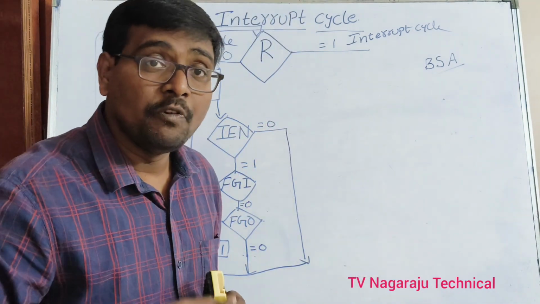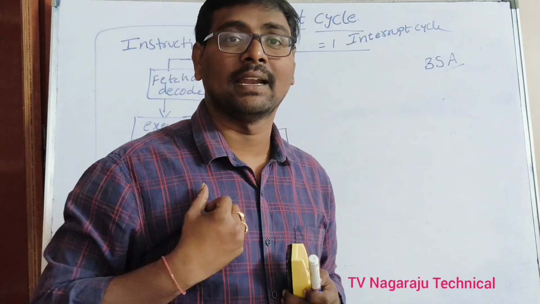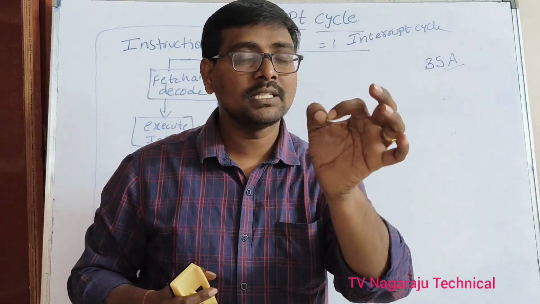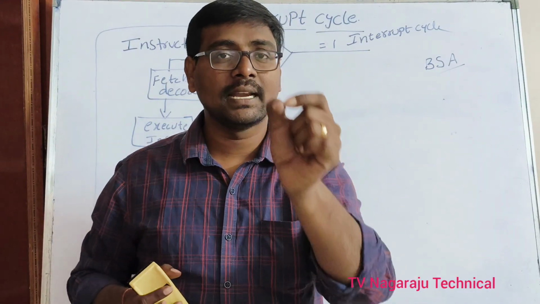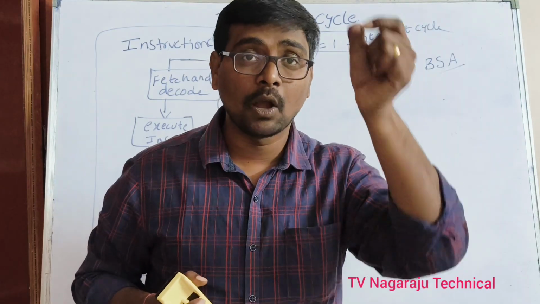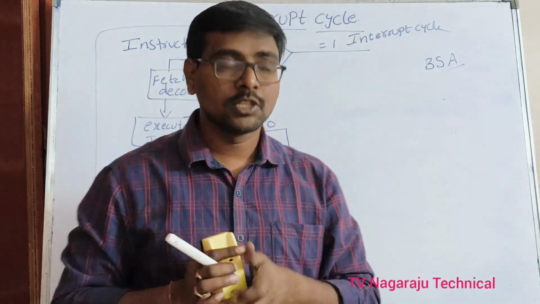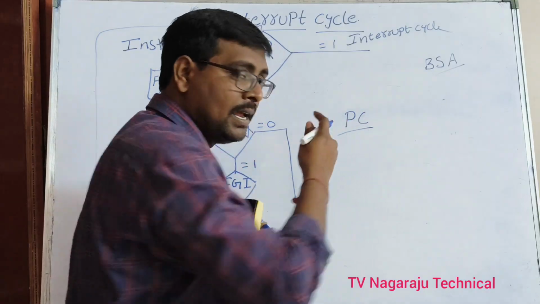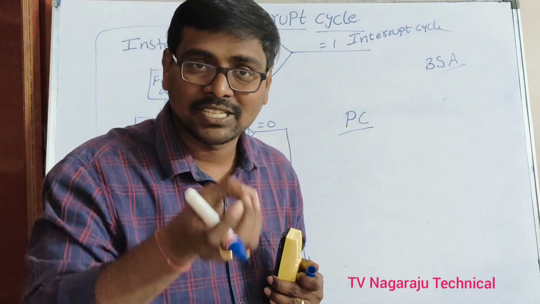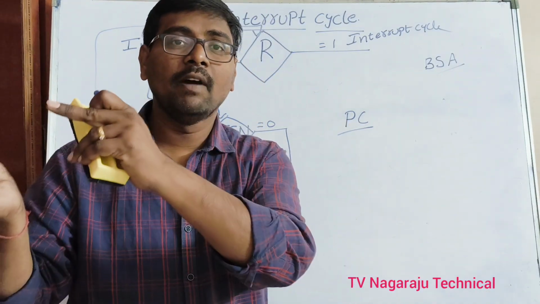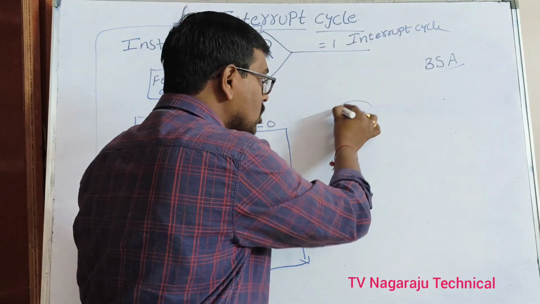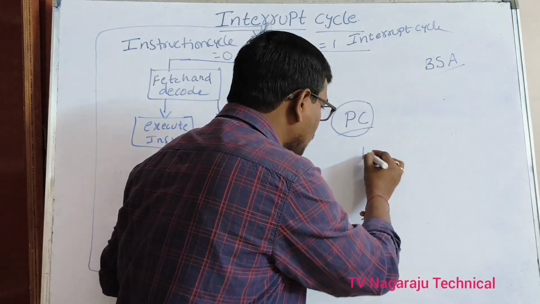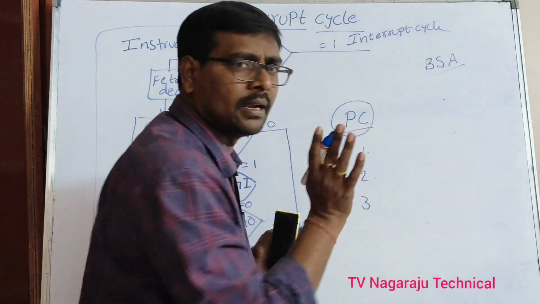Now where we are storing the return address, compulsorily you need to store it. Why? The computer always executes the address that is stored in the program counter only. So I have my program counter. Generally it stores the next instruction address. Whenever an interrupt occurs, you store the current address of PC. Many ways are there to store the current address.